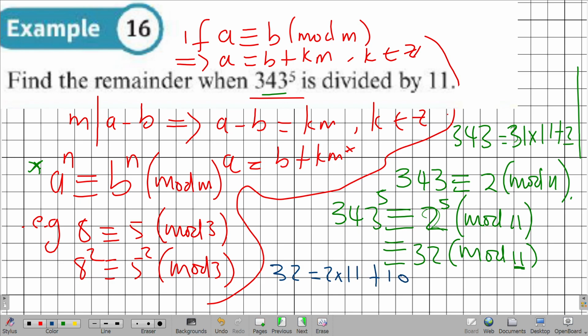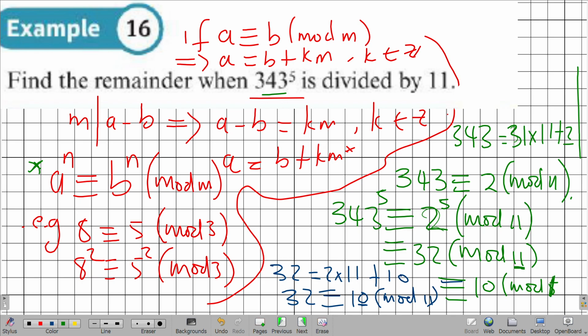So 32 is congruent to 10 under mod 11, and 10 is less than 11. That tells us that 343 to the power 5 is also congruent to 10 under mod 11.